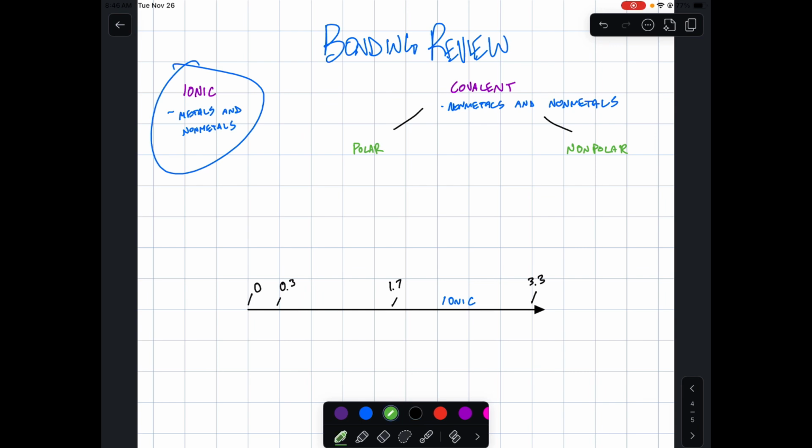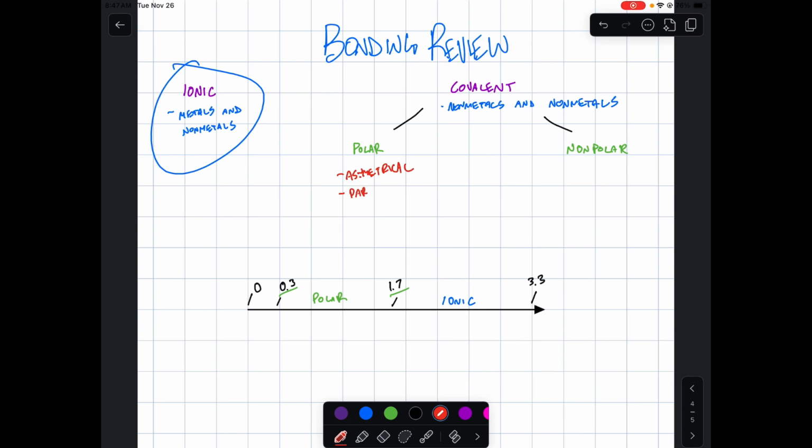So our polar covalent bond is going to form between two elements that have an electronegativity difference of 0.3 and 1.7. Polar molecules are going to be asymmetrical. They're going to be asymmetrical because one of those elements is going to have a partial negative and one's going to have a partial positive charge.